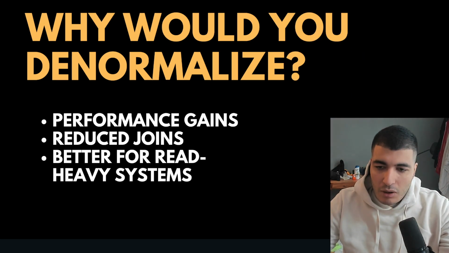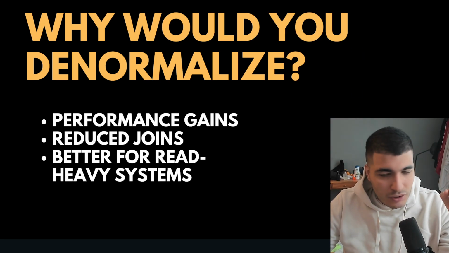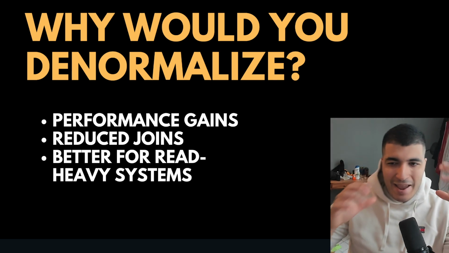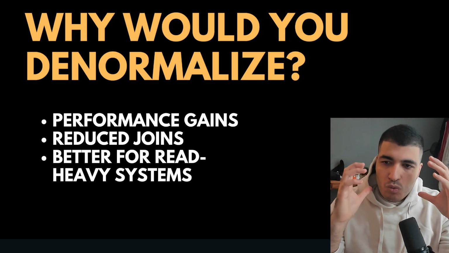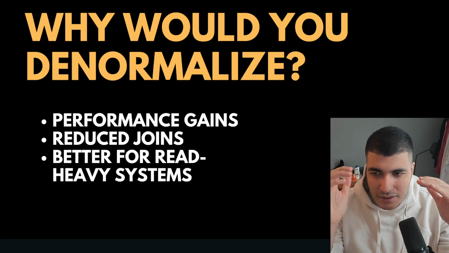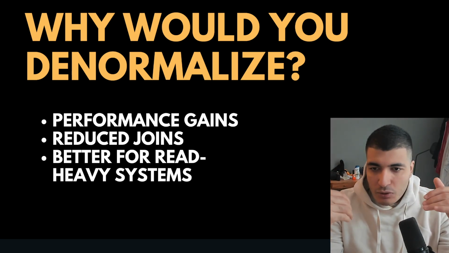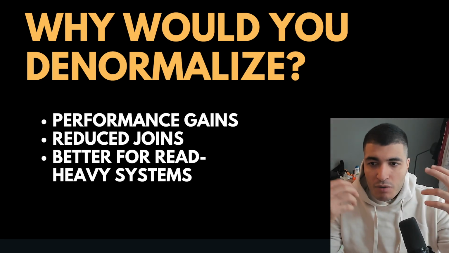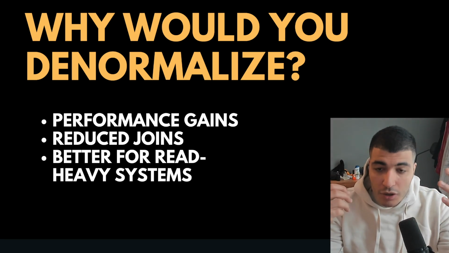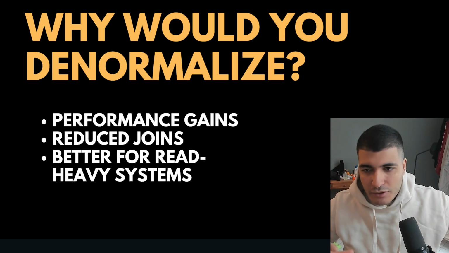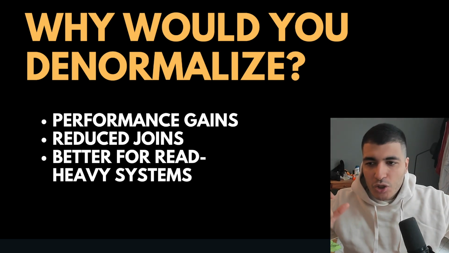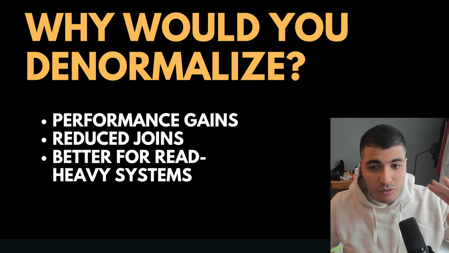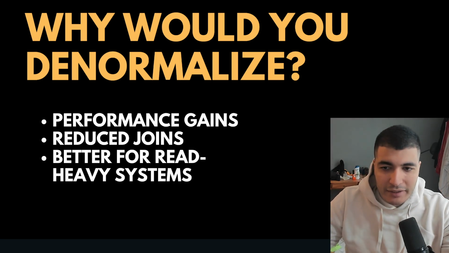Okay, why would you denormalize your database? First, performance gains. By having data in one place, queries run faster because they don't have to fetch data from multiple tables. Number two, reduce joins. Minimizing complex joins leads to quicker lookups. Number three, better for read heavy systems.